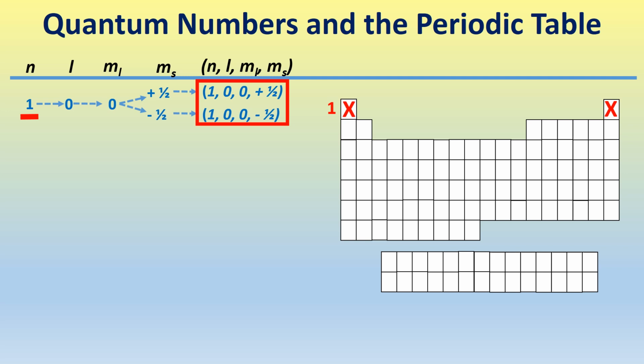Moving on, the second possible principal quantum number is 2. If n is 2, L can either be 0 or L can be 1. In order, if L is 0, m sub L can only be 0, with spin being plus a half and minus a half, which gives you 2, 0, 0, plus a half, or 2, 0, 0, minus a half.